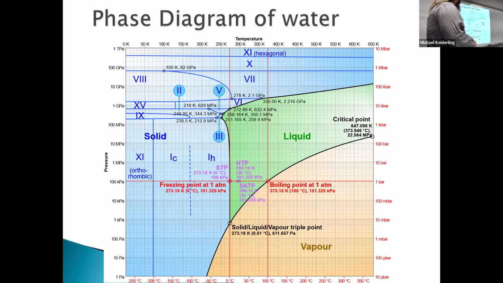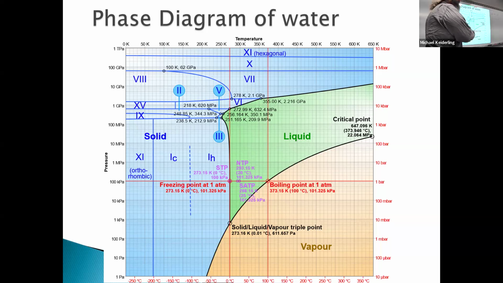So temperature is this way, pressure is this way. This red line here is normal atmospheric pressure. So this is about where we are. You warm up water, it boils.